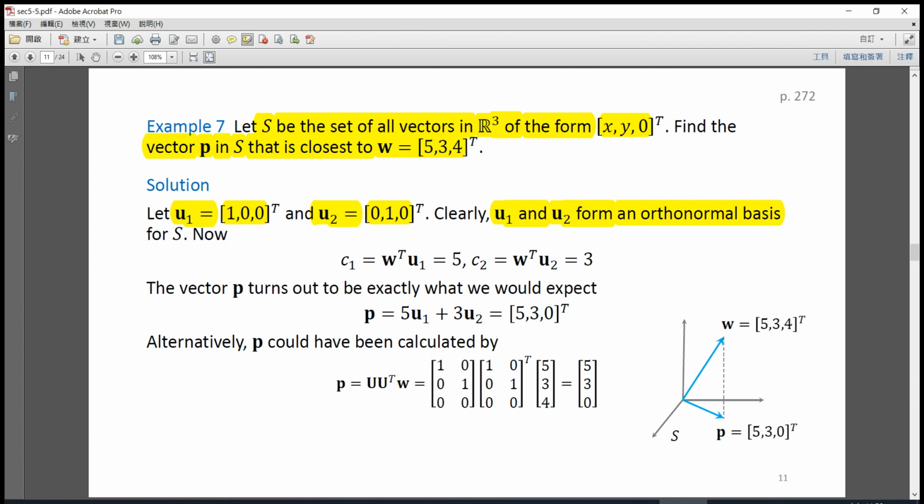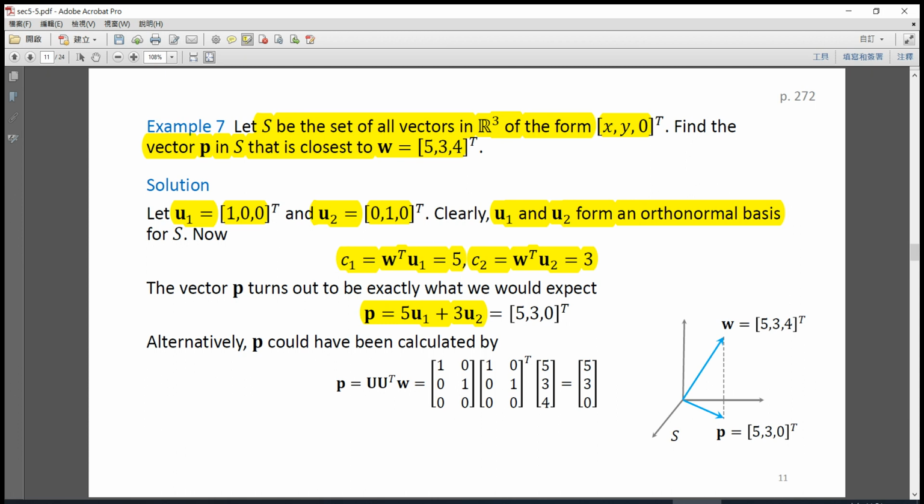Then, by Theorem 5.5.7, we can compute the coefficient C1 as the inner product of W and U1, which equals 5. And the coefficient C2 equals the inner product of W and U2, which equals 3. The projection vector P equals C1 U1 plus C2 U2, and P is the element in S that is closest to W.